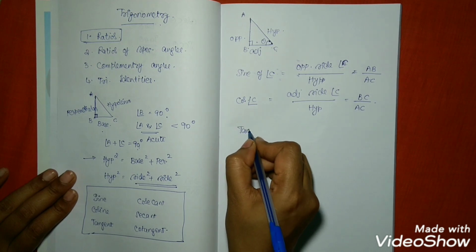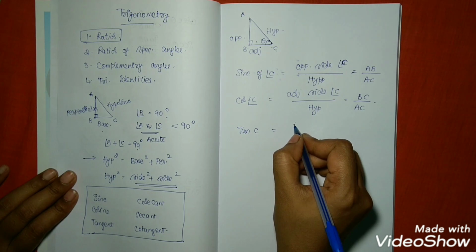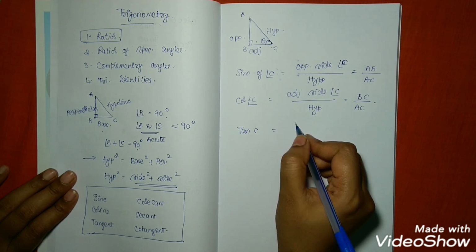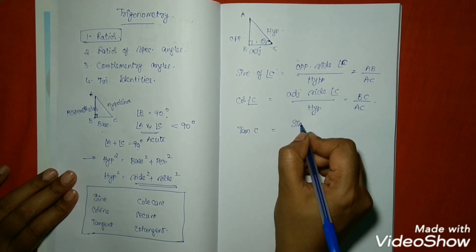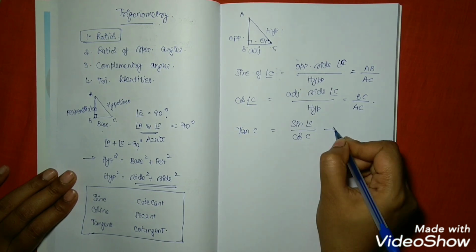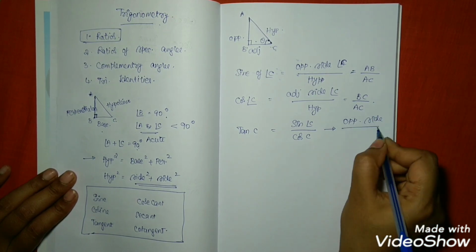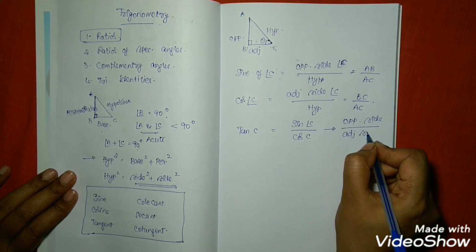Next, tan C is given by, here tan is defined as sine by cos, or else I am writing it as sine C divided by cos C, or you can write opposite side divided by adjacent side.